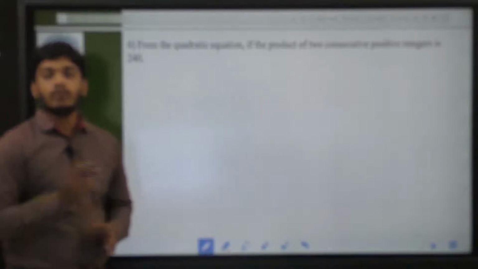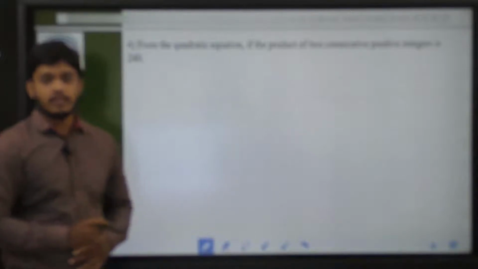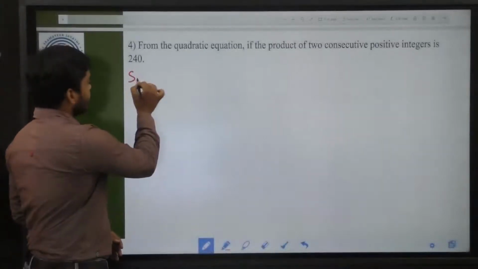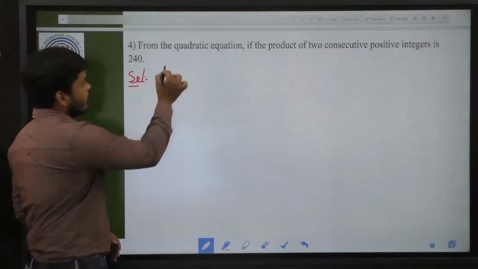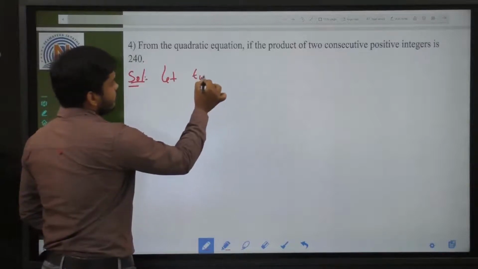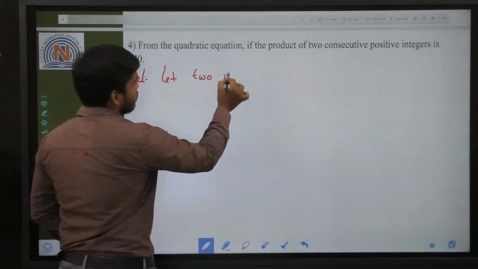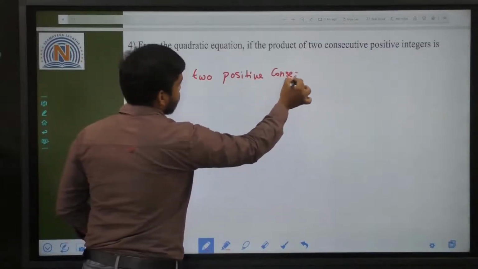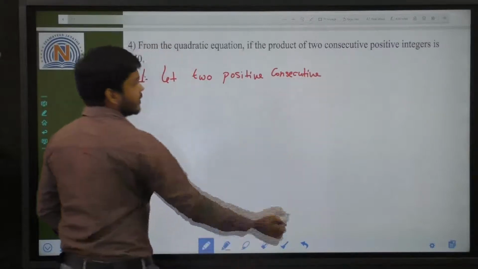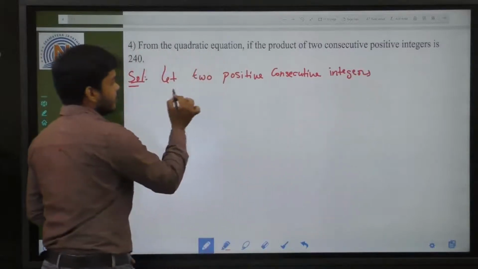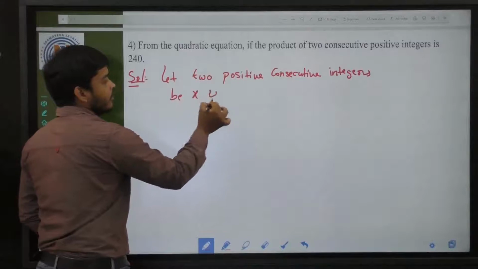See children, let the two positive consecutive integers be x and x plus 1.